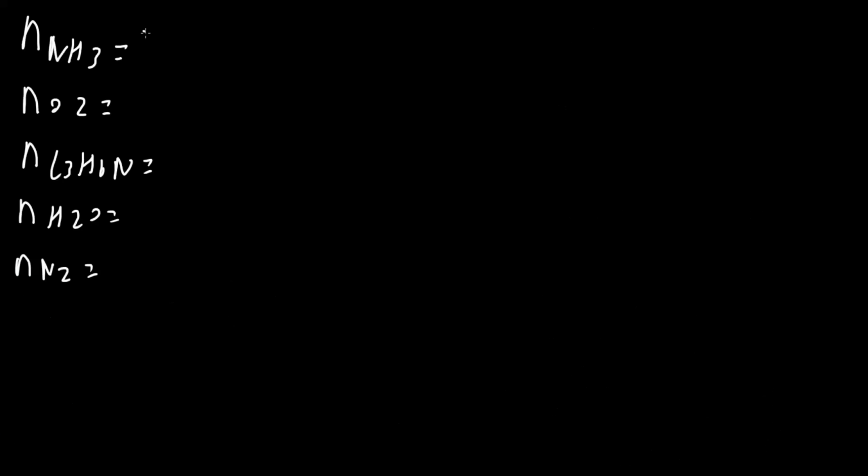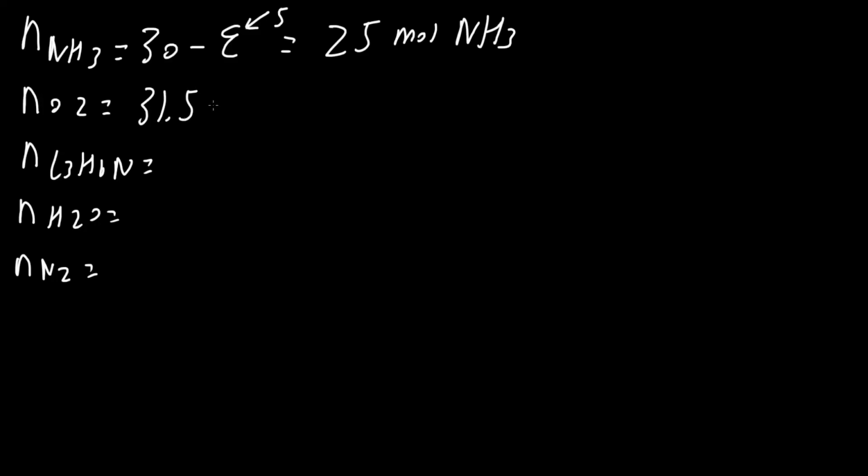So for NH3 it would be 30 minus the extent of the reaction, which we said was 5 above. So that would be 25 moles of NH3. That's one answer. Then oxygen, we had 31.5 going in minus 1.5 extent of the reaction, and so that's going to give us 24 moles of oxygen.